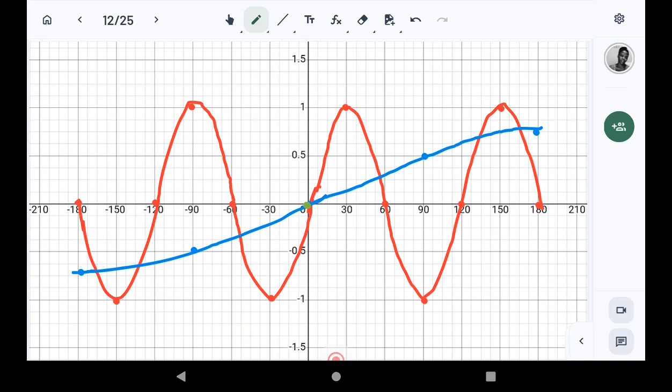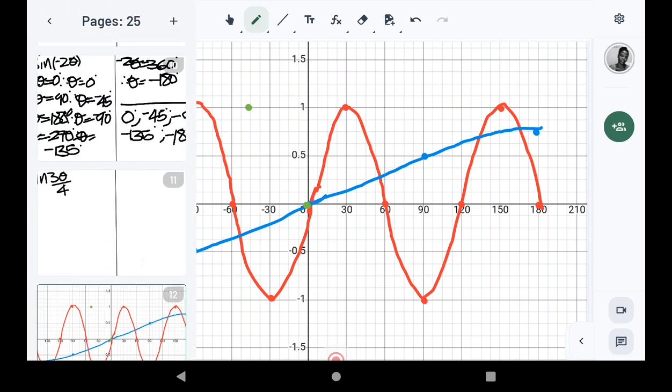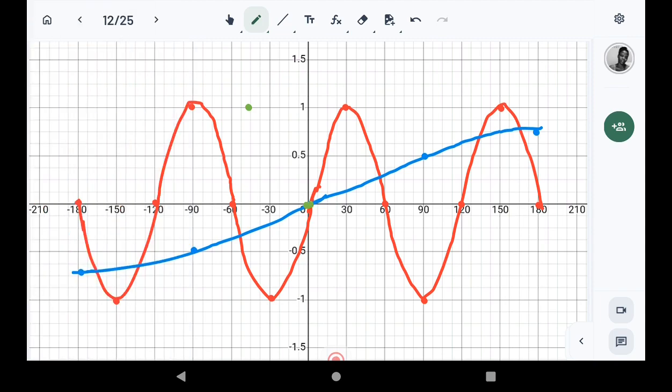We're supposed to have a minimum in general, but we'll start with a maximum at negative 45 degrees. The next one is negative 90 degrees, that's a 0, an x-intercept. And then at negative 135 degrees, that is a minimum turning point. And then we go back to 0 at negative 180 degrees.